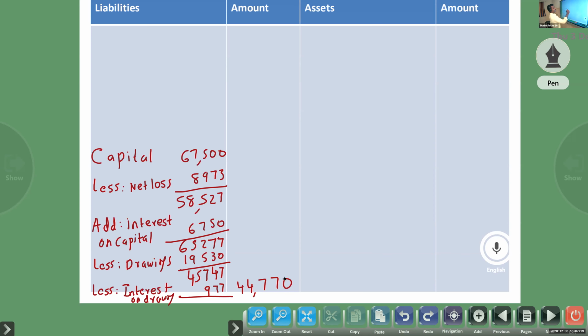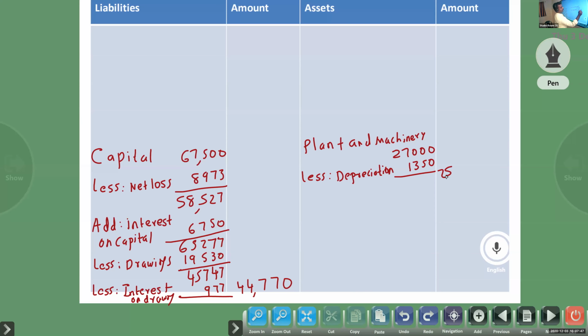Next item, plant and machinery, 27,000, less depreciation 1,350, so 25,650.